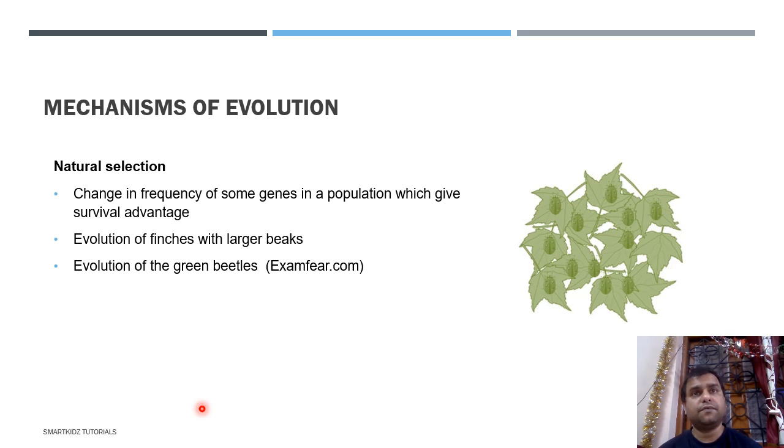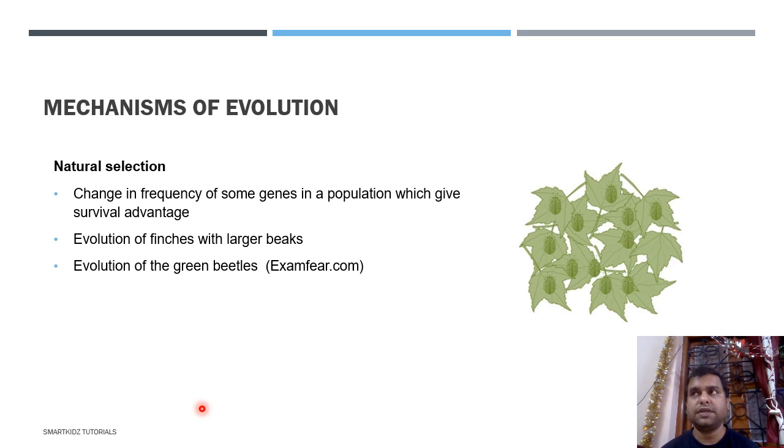When we speak about evolution, we can't forget Charles Darwin, who was instrumental, just like Gregor Mendel was in noting down and observing genetic factors. He observed evolutionary factors. So he was responsible for putting down, you can say, the laws of evolution.